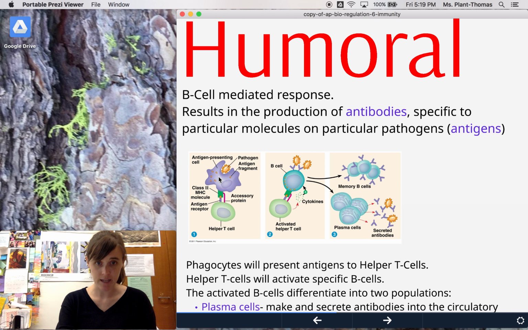So here we have basically what I just laid out. Plasma cells make antibodies. That's their whole job. Memory cells stick around in case you have a future infection. So if we look at my little diagram that I would have on the whiteboard, here we have our B cells.